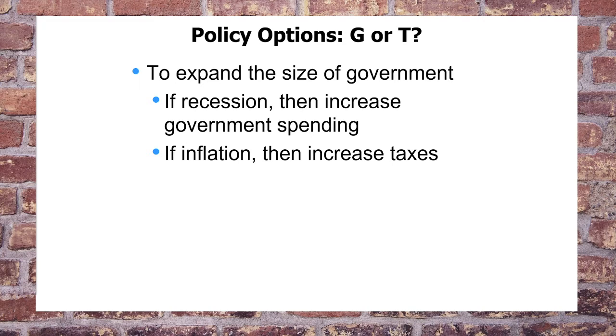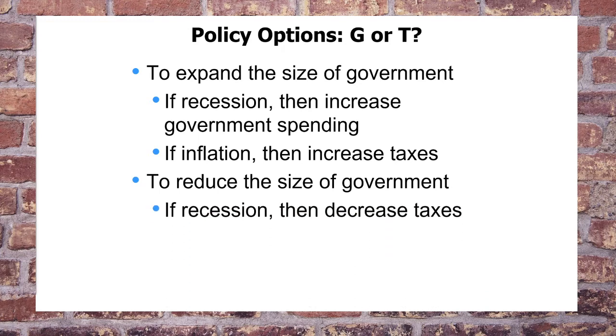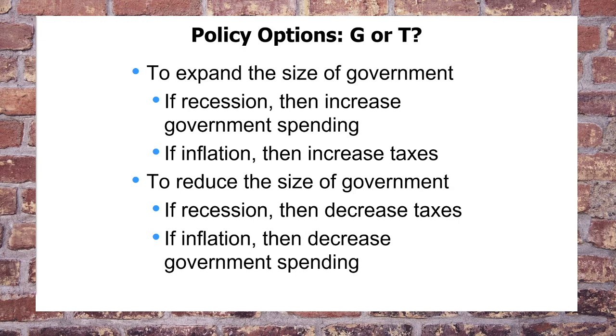Maybe we could argue that's a Democratic view. If we want to reduce the size of government, then during a recession we decrease taxes, and during inflation we decrease government spending. The overall size of the government will decrease. Maybe we argue that's a Republican conservative view. But who am I to make labels, right?